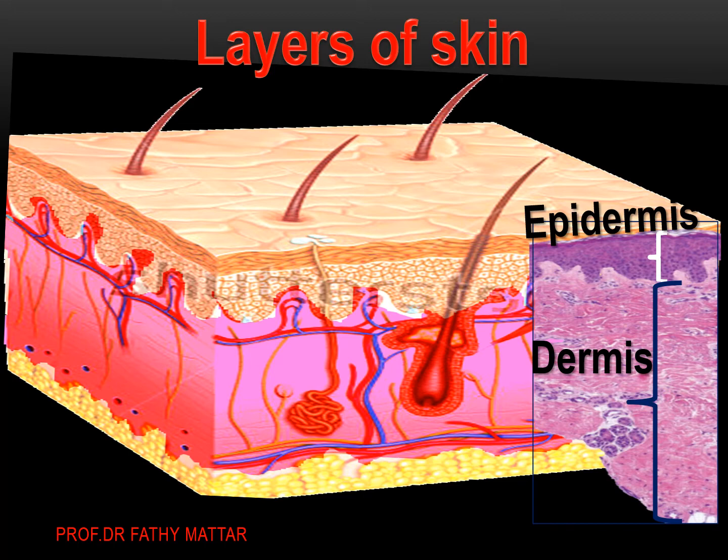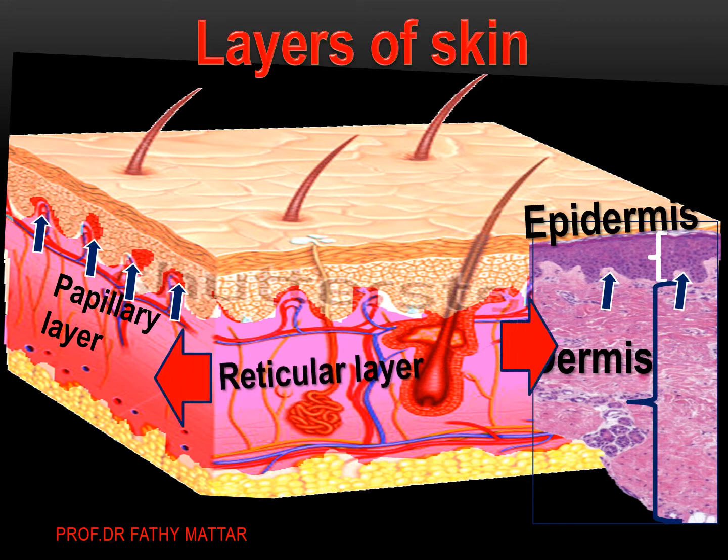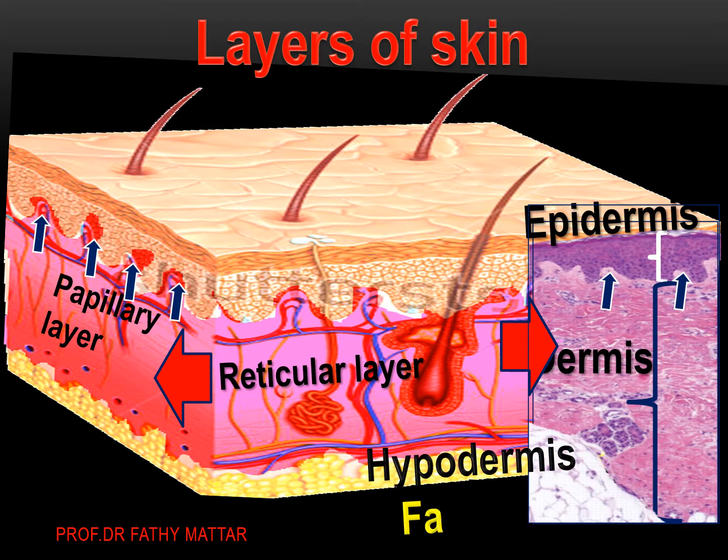The dermis has 2 regions: the papillary layer underneath the epidermis, and this is formed of loose connective tissue, and the reticular layer, which is formed of collagenous connective tissue. Under the dermis is the hypodermis, which is formed mainly of fat cells, and it binds the skin to the underlying structures such as the muscles.